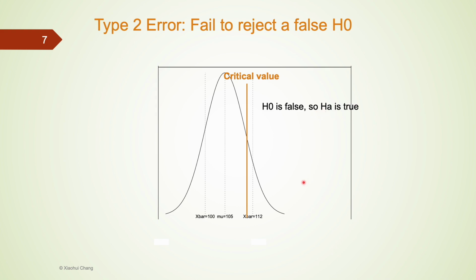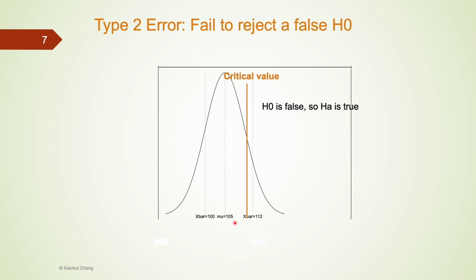The bell curve presented here is actually different from the previous bell curve. Its center is on the left side of the previous curve. We also draw a vertical line to represent the critical value. That's going to be the same as the previous one. We have already discussed that we reject the null whenever the test statistic is on the left side of this critical value.